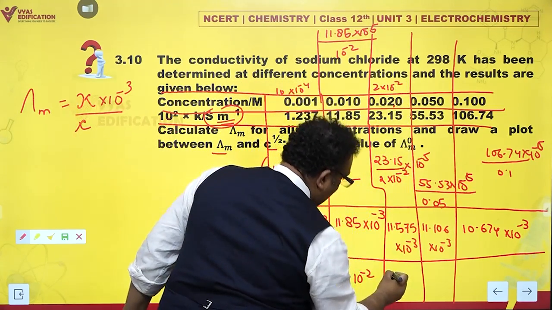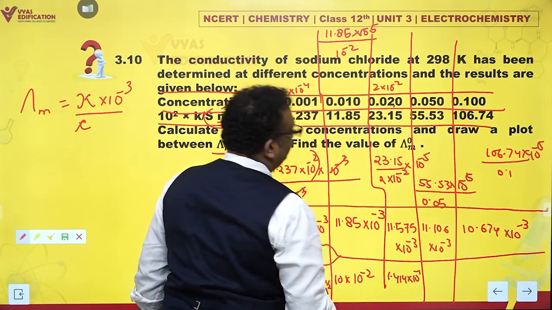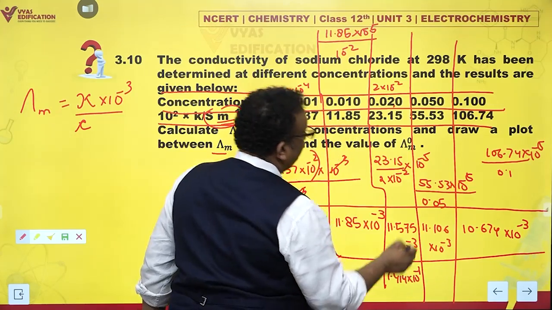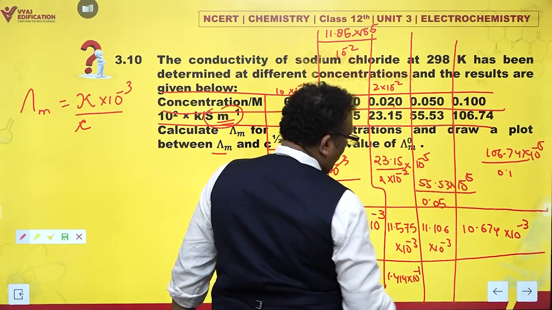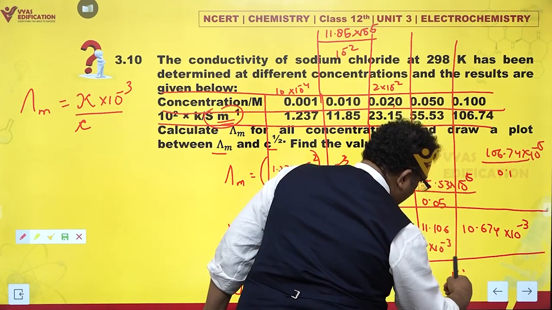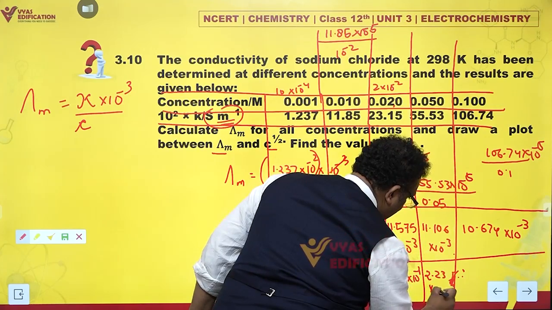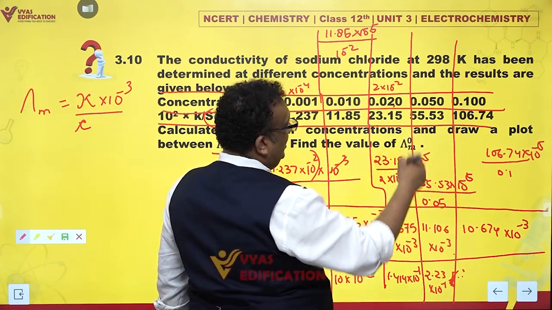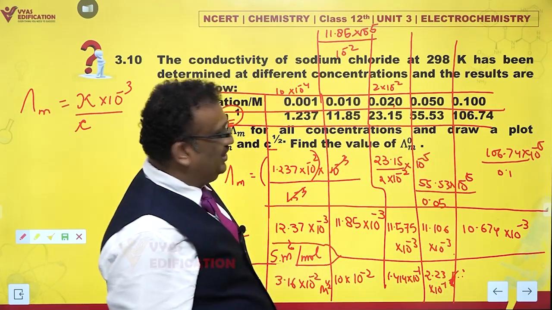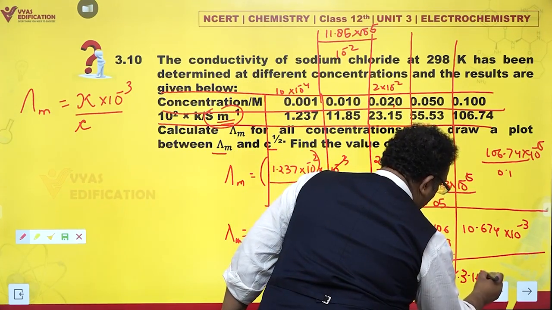If I take a square root, 1.414 into 10 to minus 1. This is root of 5, 2.23 into 10 to minus 1. Root of 10 is 3.16 into 10 raised to minus 1.